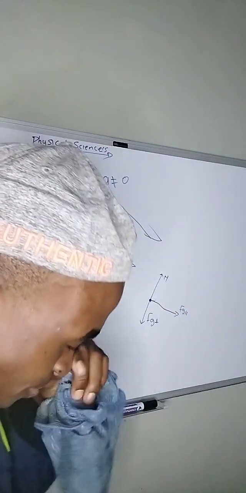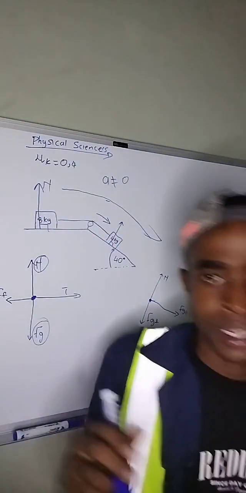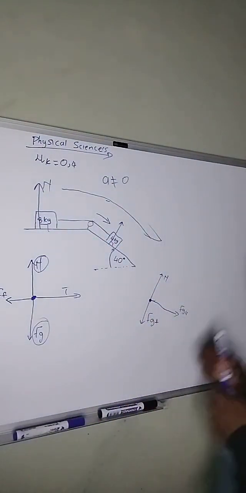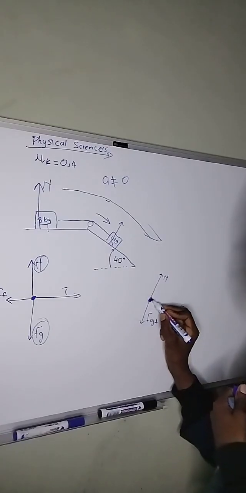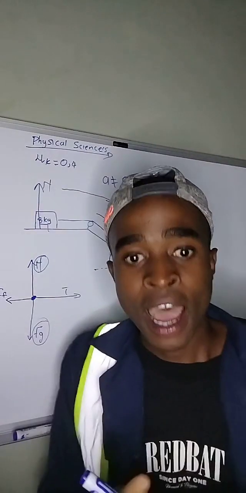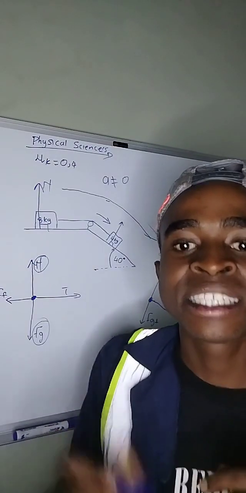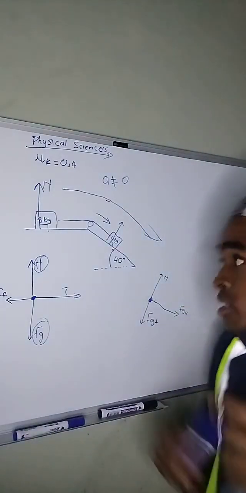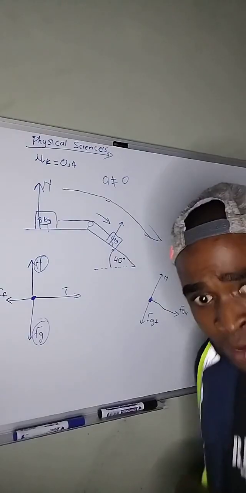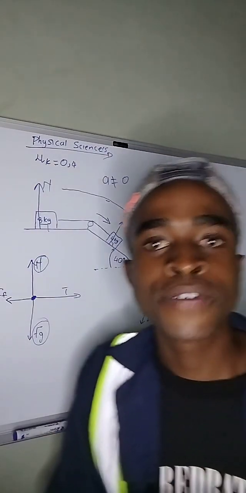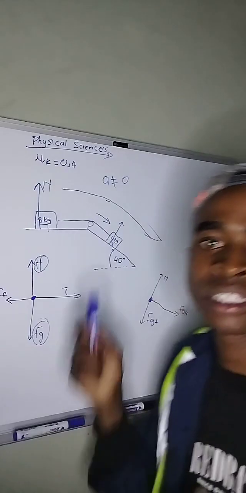So who can tell me what is left? What are we going to draw? Okay, let me ask this question. How many forces are acting as resistive forces in this scenario?